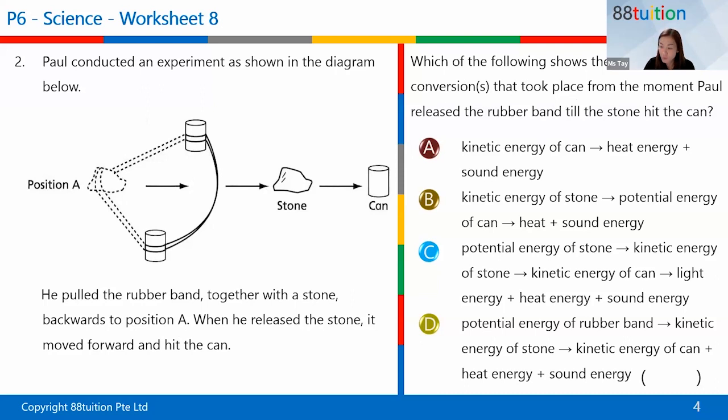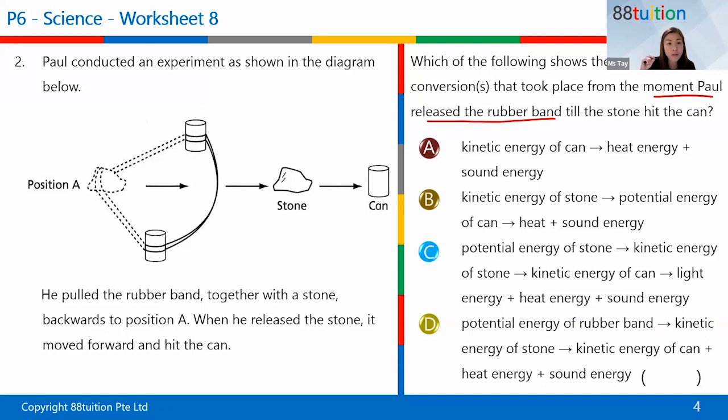Let's see, what was your answer? Everybody put down the correct answer. Very good. How come you all didn't start with chemical potential energy? There isn't chemical potential energy, because it says the moment Paul released the rubber band. The moment he released it, that rubber band is already stretched, isn't it?